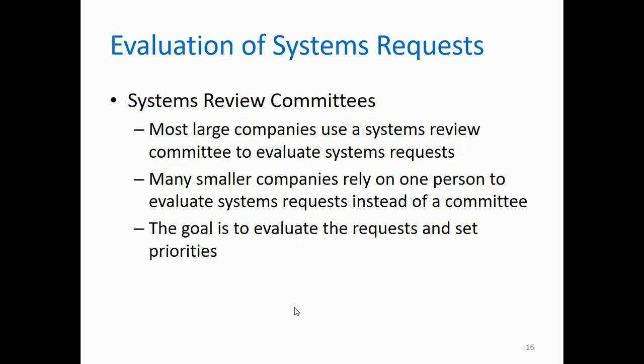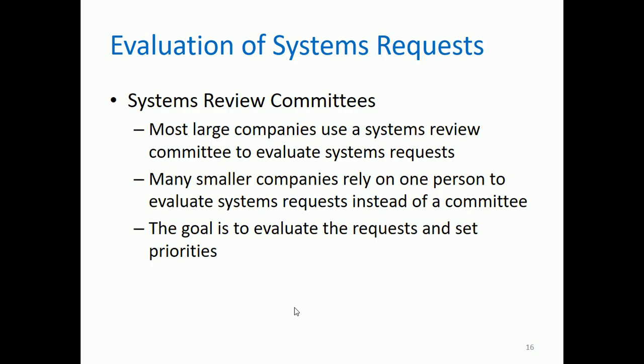Most large companies use a systems review committee to evaluate systems requests. But smaller companies rely on only one person to evaluate systems requests instead of a committee. And the goal is to evaluate the requests and set priorities.